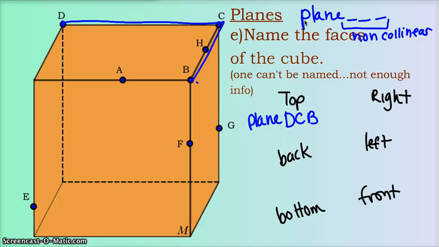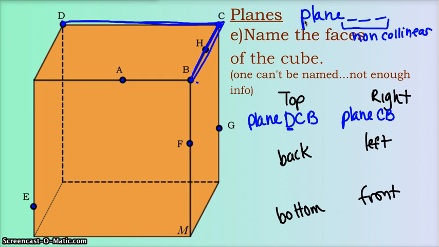Looking at the right side of the cube, I'm going to use the points C and B again. But I need a third point. If you noticed on the top, I had point D. So I had length and I had width.